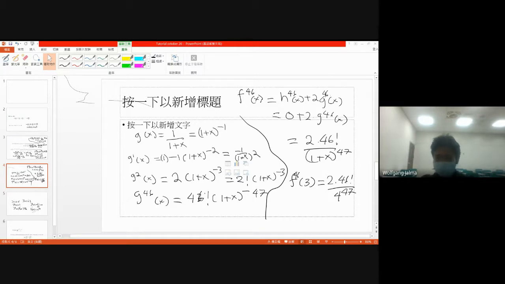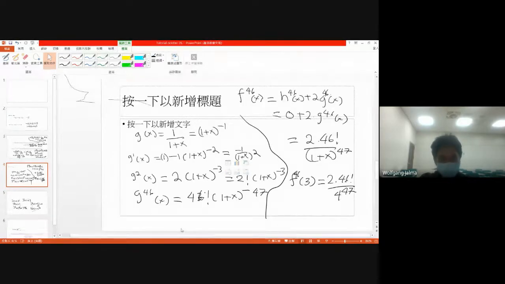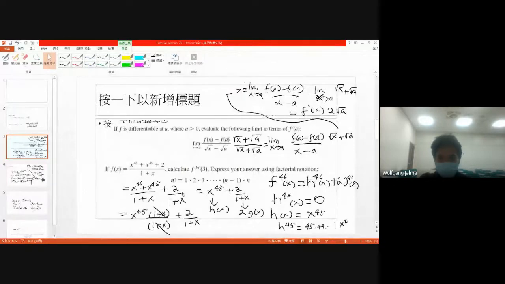No? Okay. The main difference between h and g is that for h, the power is positive, while for g, the power is negative.